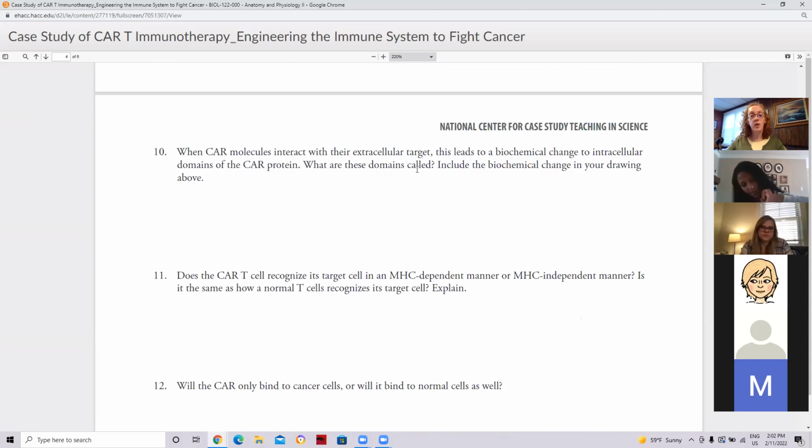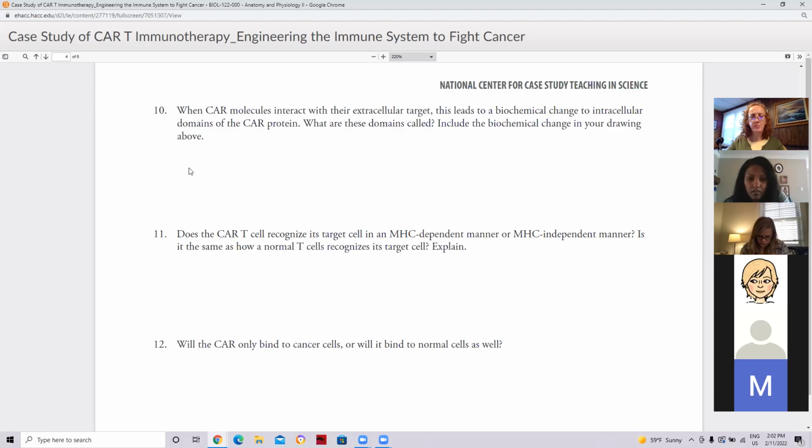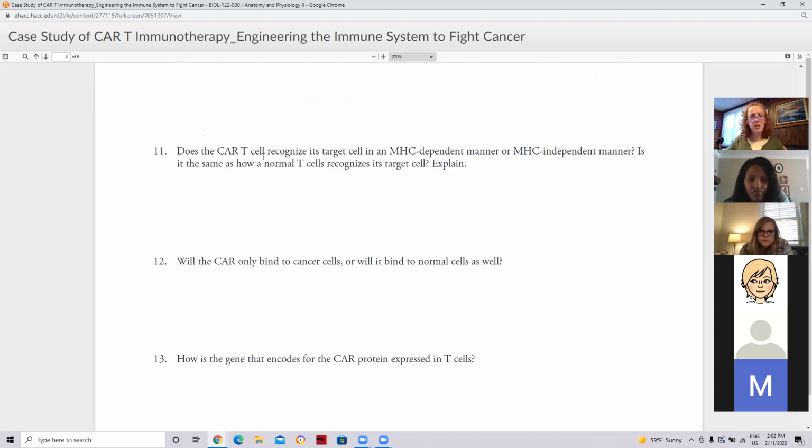So this is number 10: when CAR molecules interact with their extracellular target, this leads to a biochemical change to the intracellular domains of the CAR protein. What are these domains called? We're skipping this one too, number 10. We're not doing this one. So don't do number 10, don't do number 8. Does the CAR T cell recognize its target?